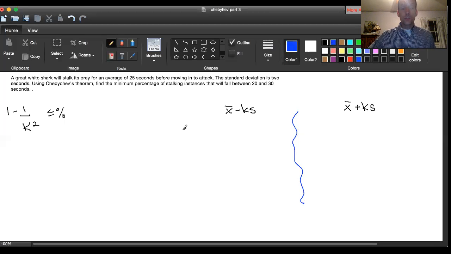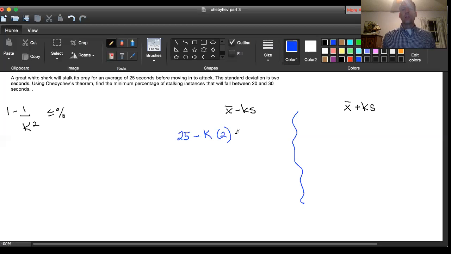We know our X bar is equal to 25, so working the left side, we write 25 minus K. We don't know a value for K, so we leave it as it is. S, well, actually, we do know S from the exercise. They've let us know that S is equal to 2.